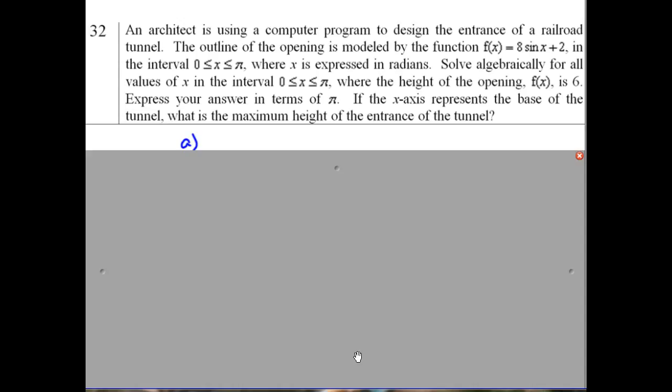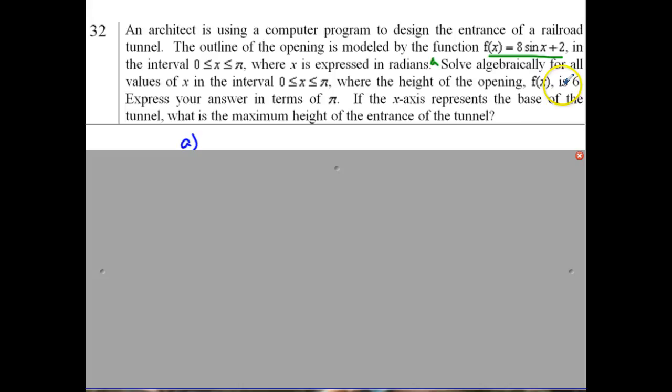In this question, it's sort of an application question. It says we've got a railroad tunnel opening modeled by this function. It gives us 2 things. Part A, it says solve algebraically for all the values where the height of the opening is 6.